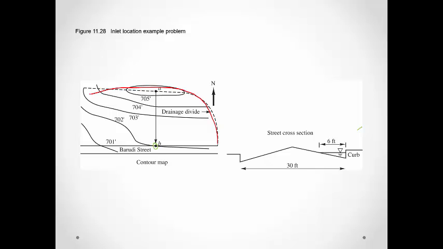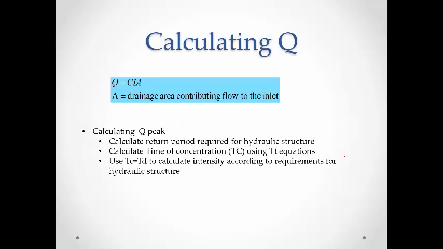Even though you can have drainage from an area that is conveyed into the road, all of this will be conveyed into a stormwater inlet structure. And that flow that goes into the inlet is really important. We have to calculate that peak flow.